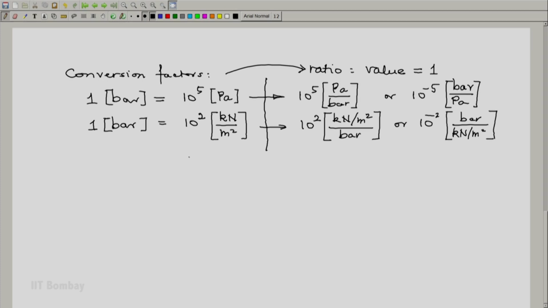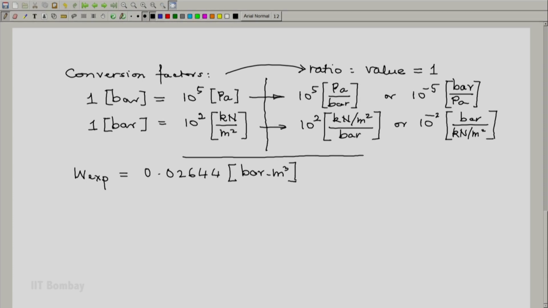Now let us go back to our earlier solution. We had determined that the expansion work was 0.02644 bar meter cube.